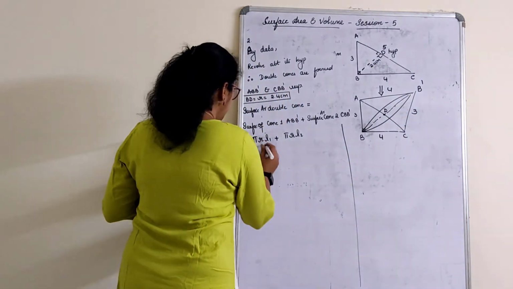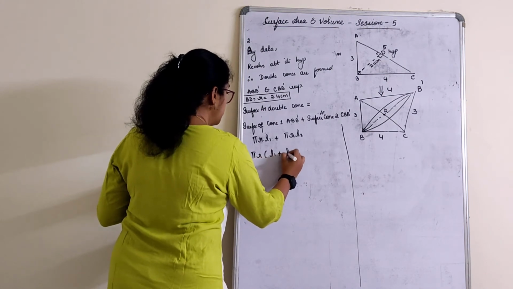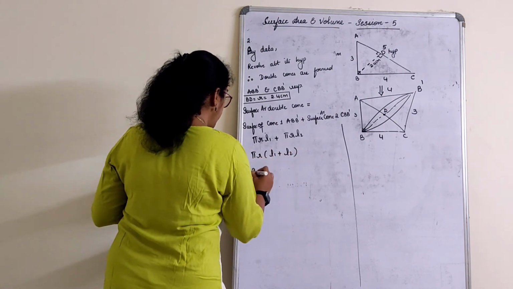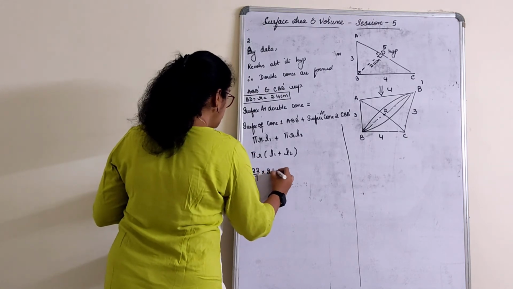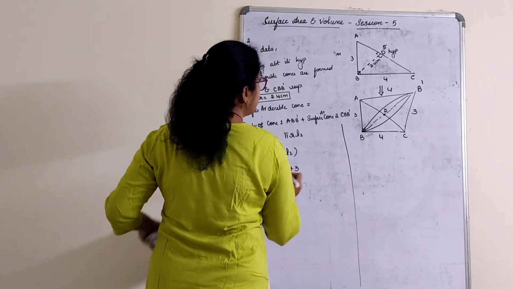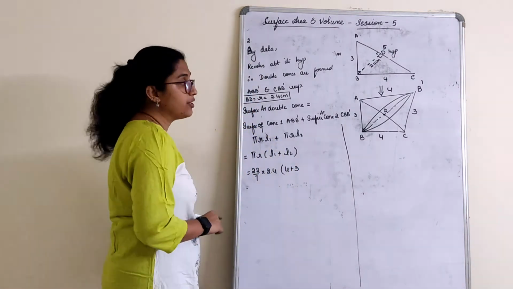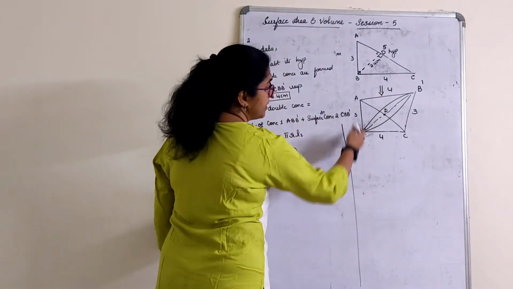Take pi r common, L1 plus L2. 22 by 7 into 2.4 into 4 plus 3. Slant height of cone 1 and slant height of cone 2. This is also slant height. Any one can be this or this.